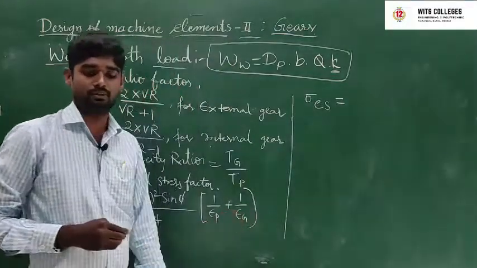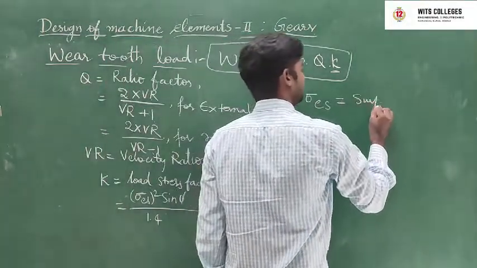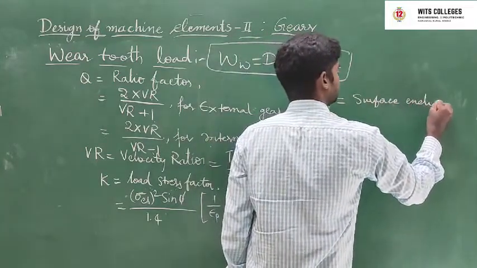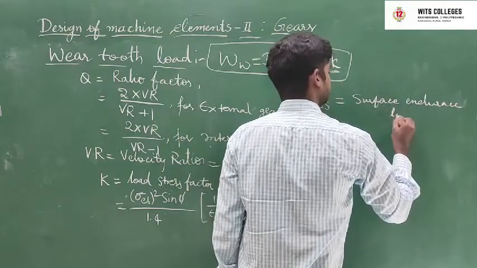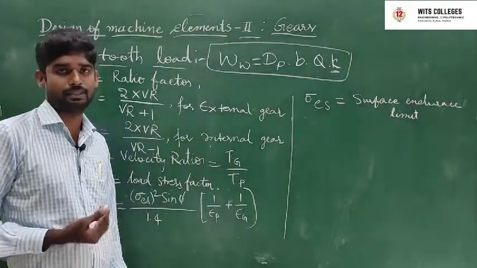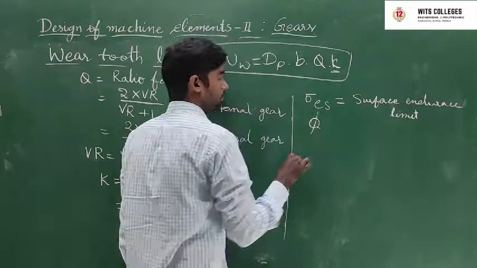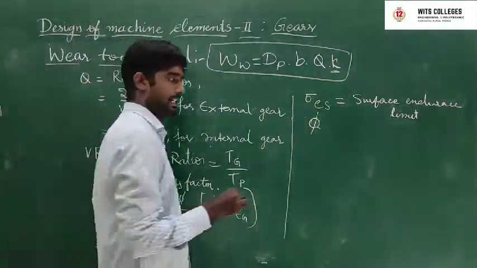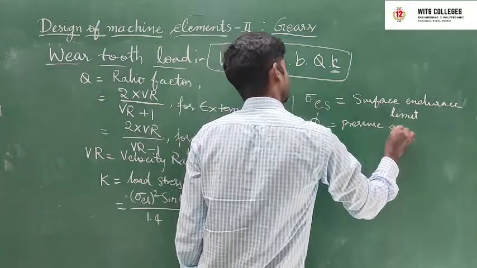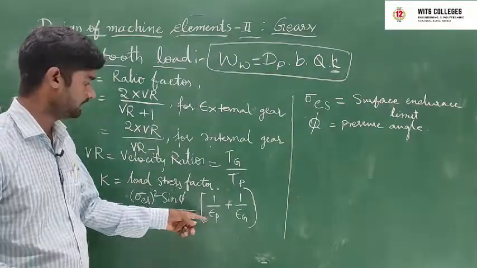Sigma ES is equal to the surface endurance limit, in megapascal. Next, phi is equal to pressure angle.